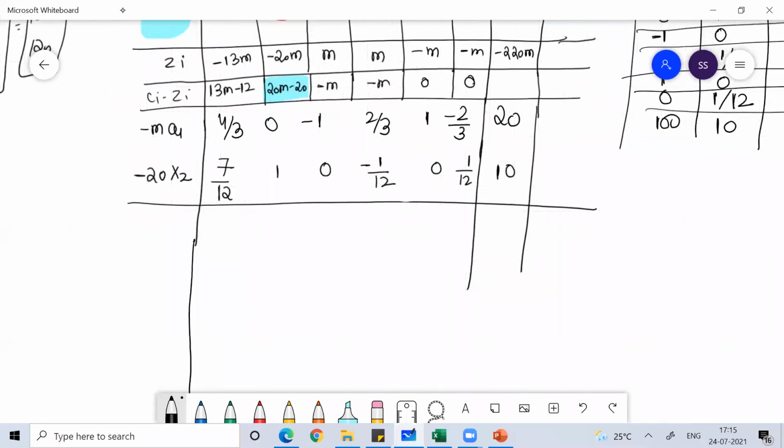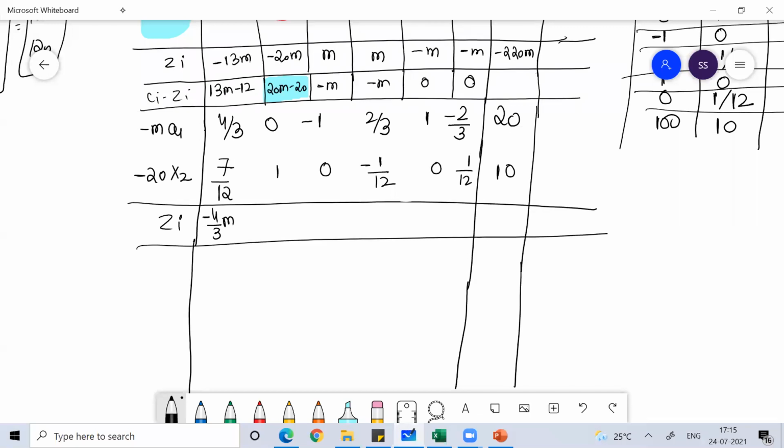So find the Zj value. The Zj value will be what? Minus 4 by 3 minus 120 by 12, minus 4 by 3 m minus 140 by 12.